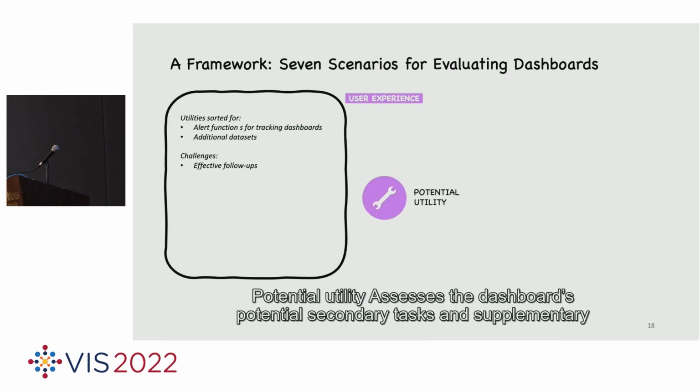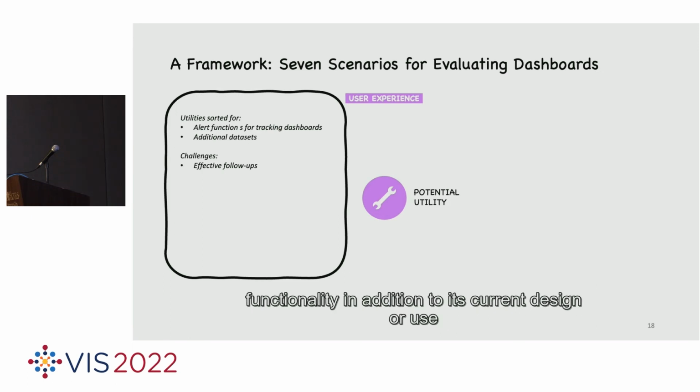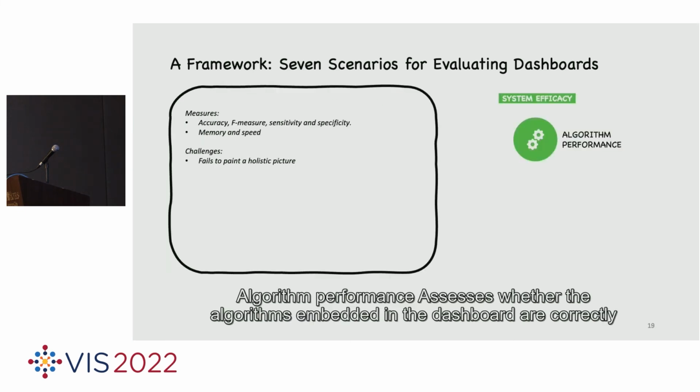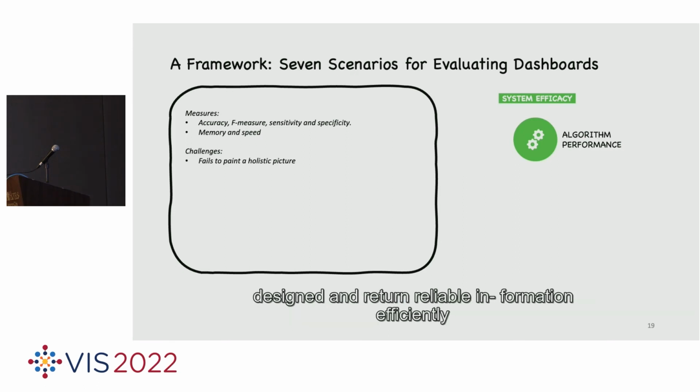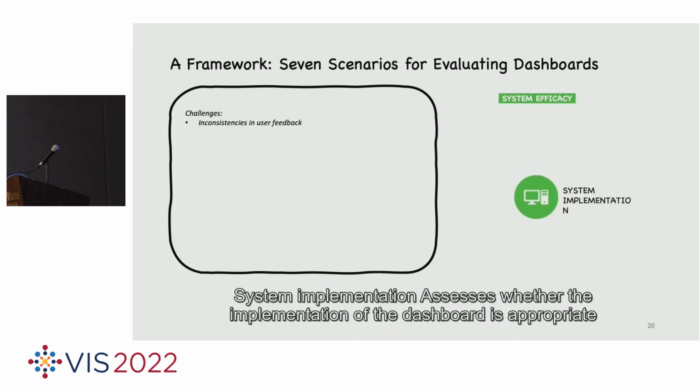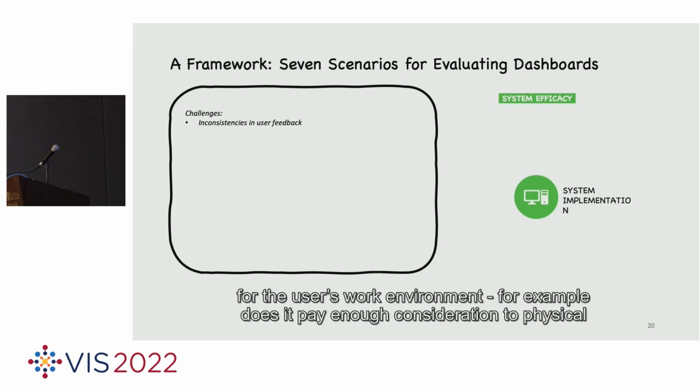Potential utility assesses the dashboard's potential secondary tasks and supplementary functionality in addition to its current design or use. Algorithm performance assesses whether the algorithms embedded in the dashboard are correctly designed and return reliable information efficiently. System implementation assesses whether the implementation of the dashboard is appropriate for the user's work environment.